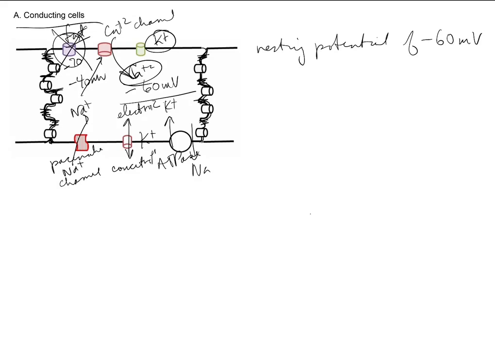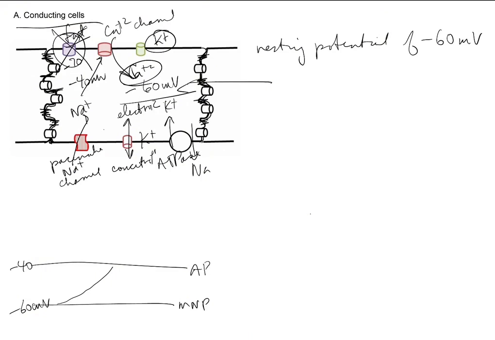So as we follow what this looks like electrically, we can see that there is a maximum negative potential here at minus 60 millivolts. And with the pacemaker channel, there's this gradual change in potential to minus 40, which becomes our activation potential. This correlates with the drifting upward.